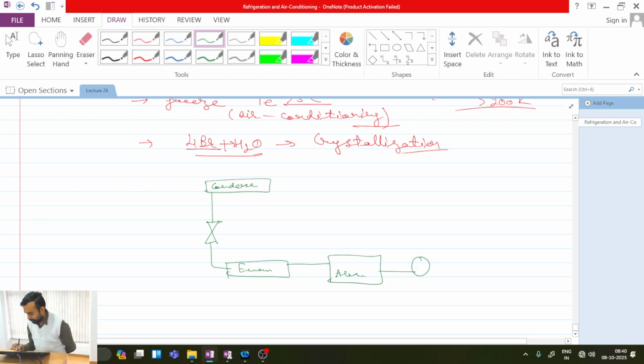Then pump, and here I will be having generator. Something will come from here, expansion valve, and whatever is going over here, let me pass through a preheater.